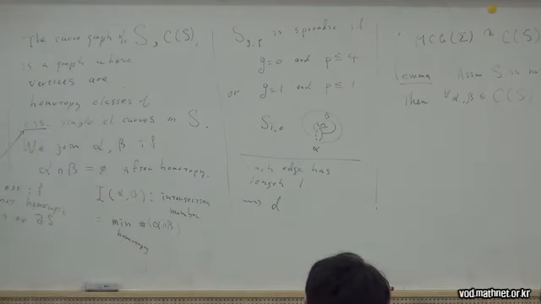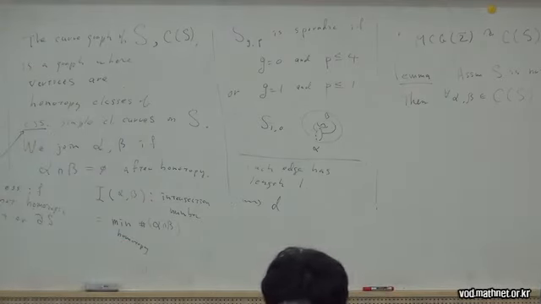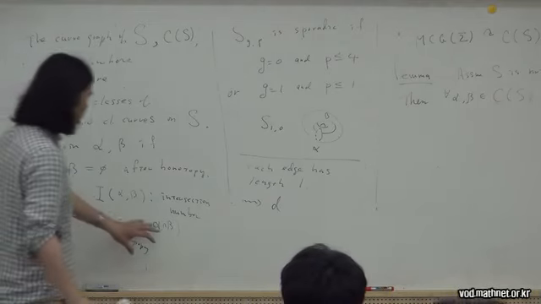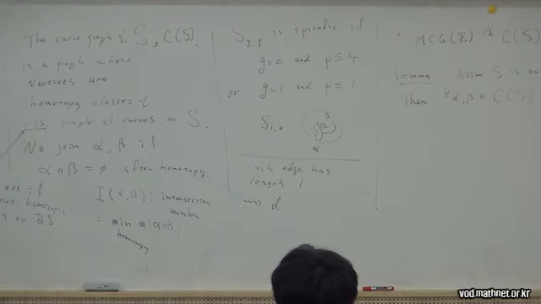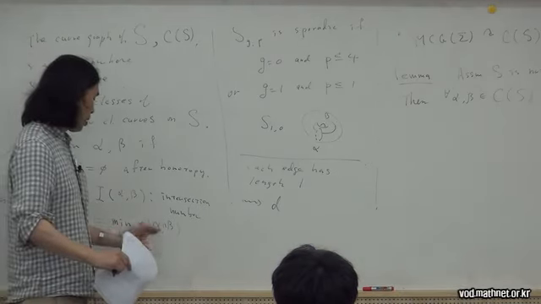So you move around alpha and beta so that they intersect minimally. There is another way to say this number.